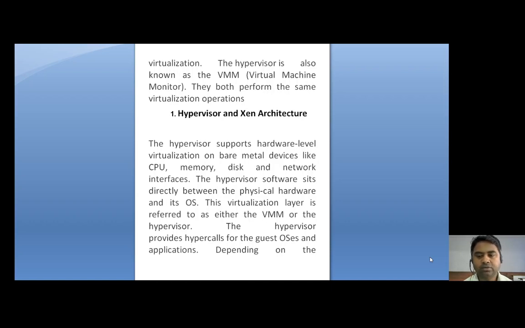The hypervisor software sits directly between the physical hardware and its operating system. This virtualization layer is referred to as either the virtual machine monitor, VMM, or the hypervisor. The hypervisor provides hypercalls for the guest operating system and its applications.